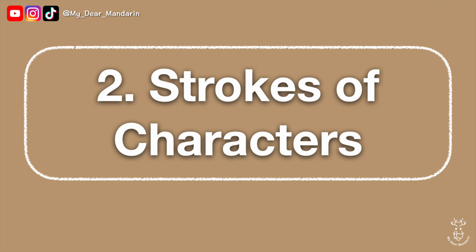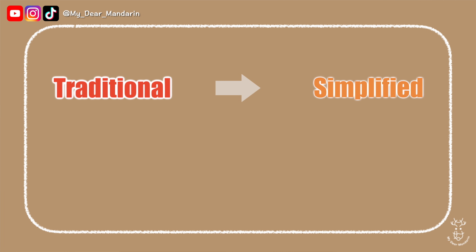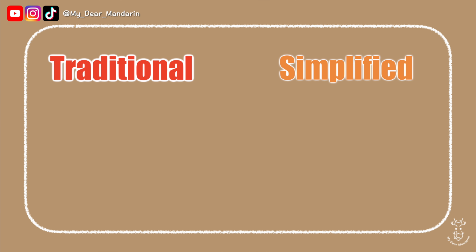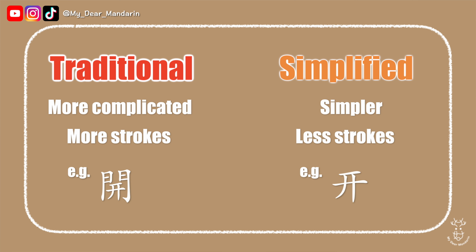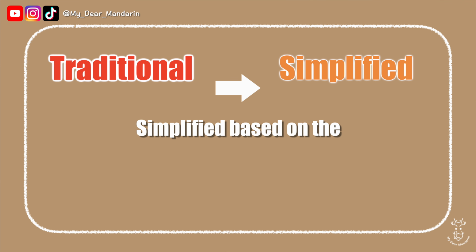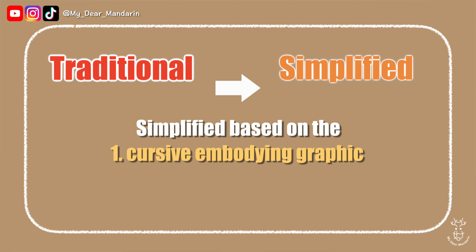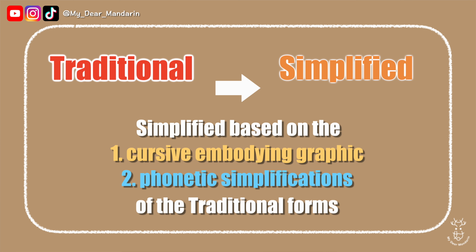Second, strokes of characters. As we've said just now, simplified Chinese characters are extensions from traditional Chinese characters. Traditional Mandarin characters are more complicated because they have more strokes than their simplified versions. Some of the simplified Chinese characters are simplified based on the cursive form, or graphic or phonetic simplifications of the traditional form.